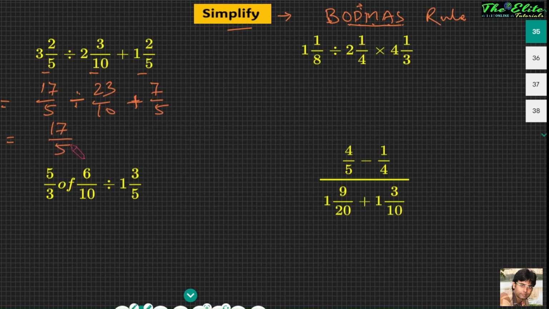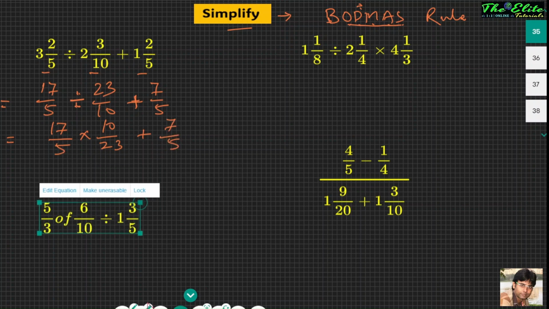Okay, 17 by 5 divided by 23 by 10. As I told you, whenever we have a division sign, we have to convert it into multiplication, and along with that we have to write the fraction as its inverse. Okay, see here, now first we will do this because after division it is the multiplication operation that will be given priority over this addition.